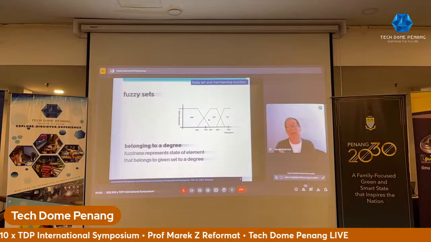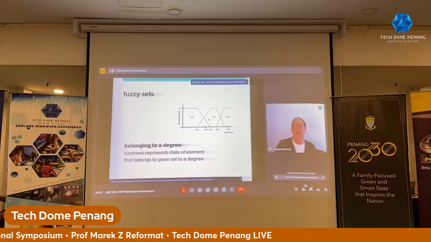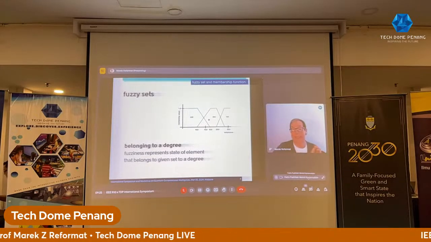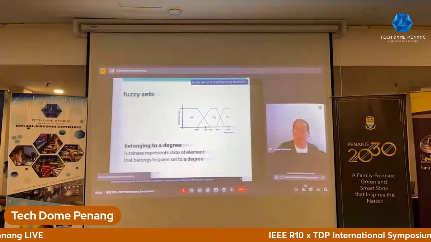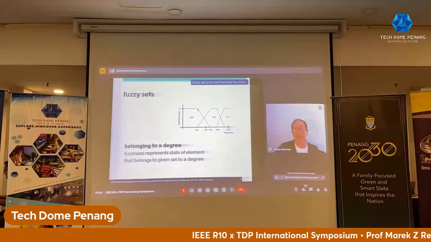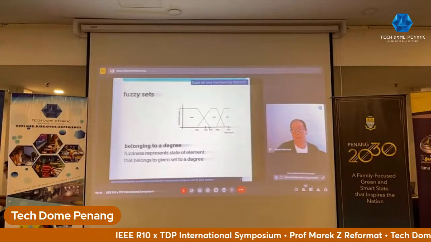If you go from higher to lower, you go in the other direction. That is the essence of the process. So the membership is not just 0 or 1, it is between 0 and 1.